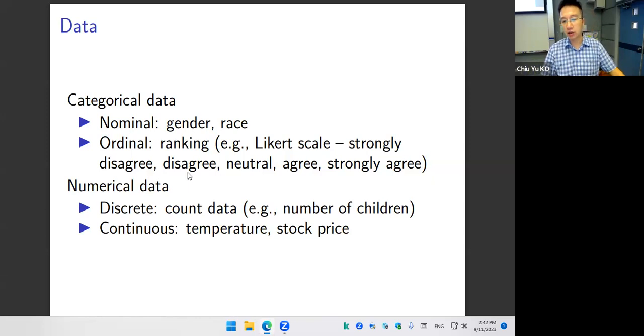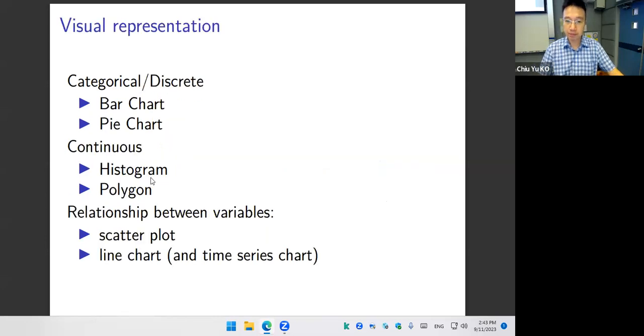Nevertheless, we don't talk too much about the distinction, but rather just keep it as it is. Just remember that what we're doing is focusing on numerical continuous data, okay? And the reason is that it's the easiest, and the others require more, different tools to do it.